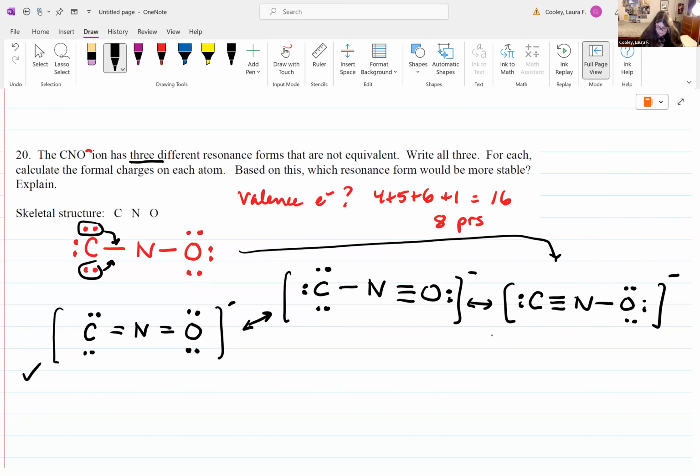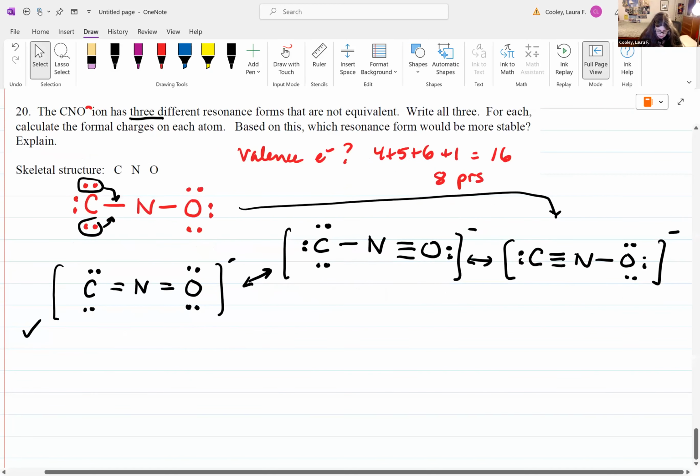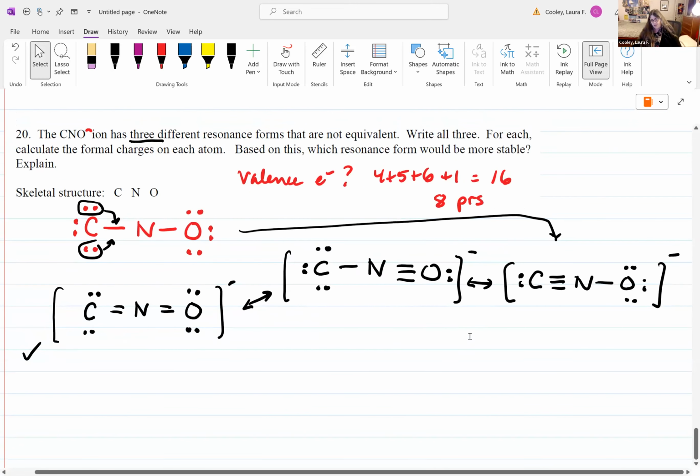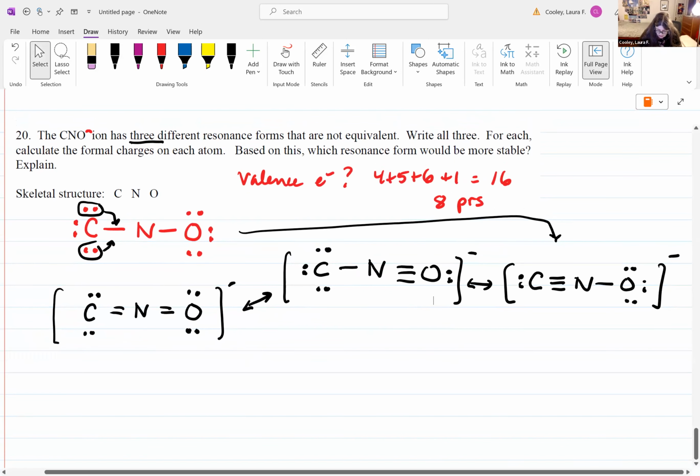All right. Now, if I were to ask you, are these equivalent resonance structures? What would the answer to that question be? Remember what an equivalent resonance structure is.